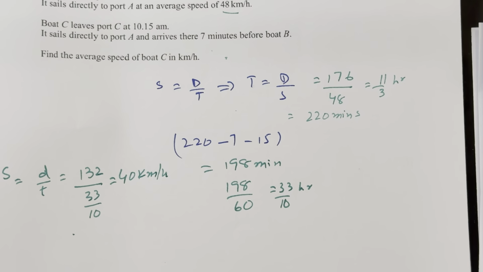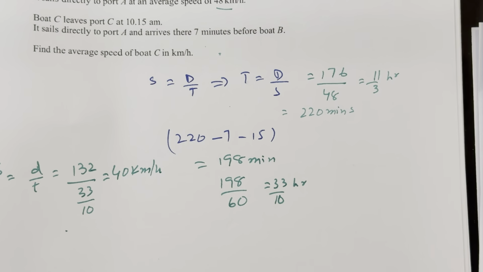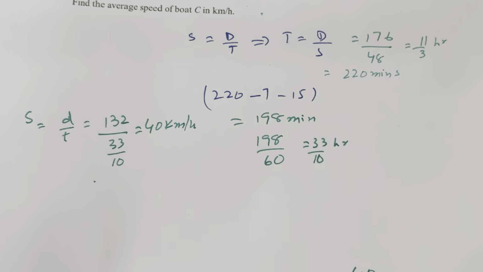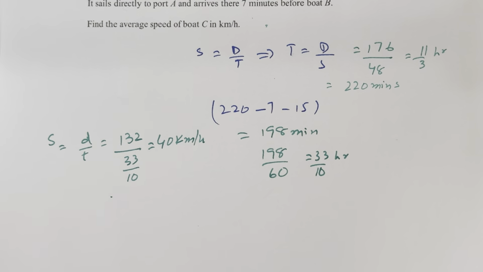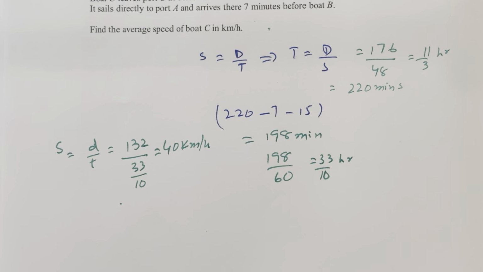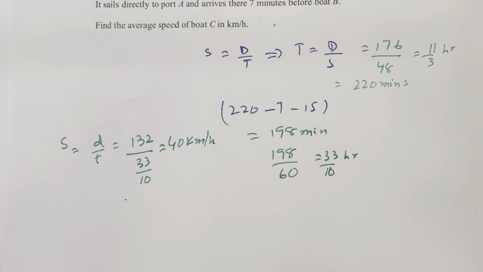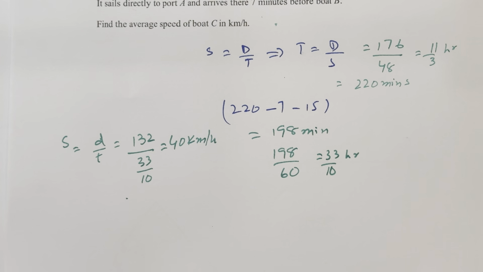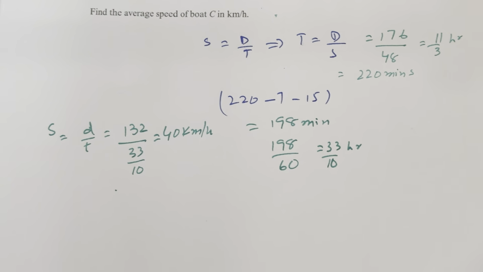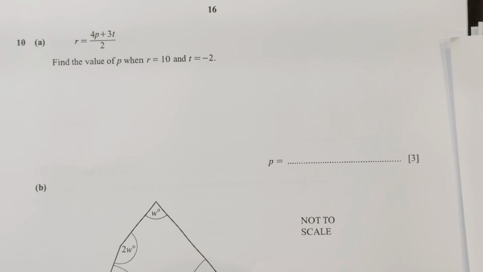First we calculated the time, then converted into minutes, then subtracted for the 15 minutes late start, got 198 minutes, then divided by 60 to get hours. Then we calculated speed by taking distance over time.